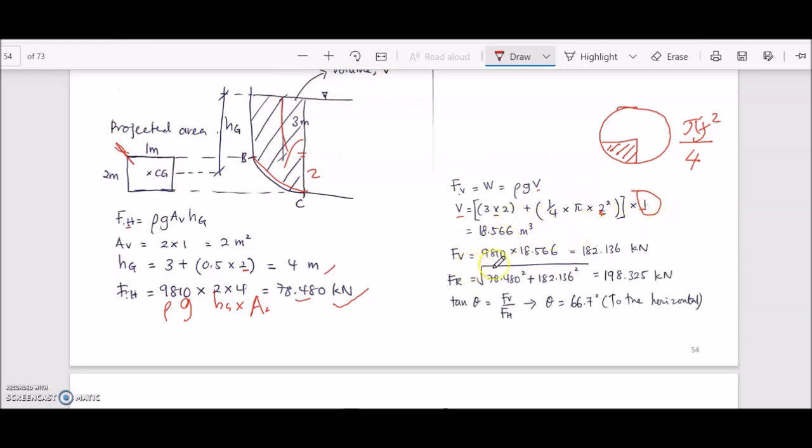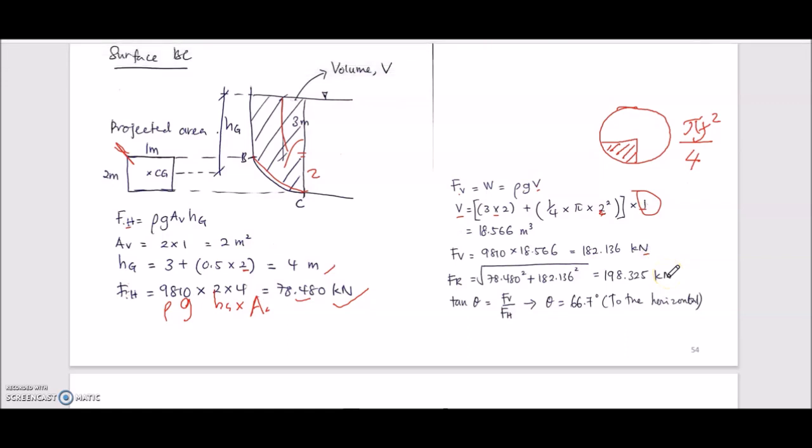Now we calculate the FV. So we have 182.136 kilonewton, and then we get the resultant force by using this formula, and also tan theta by using FV over FH. So you get theta at 66.7 degrees.